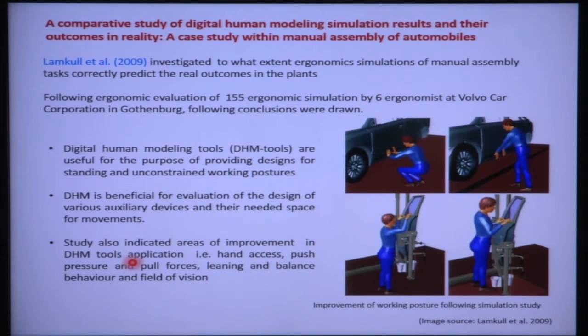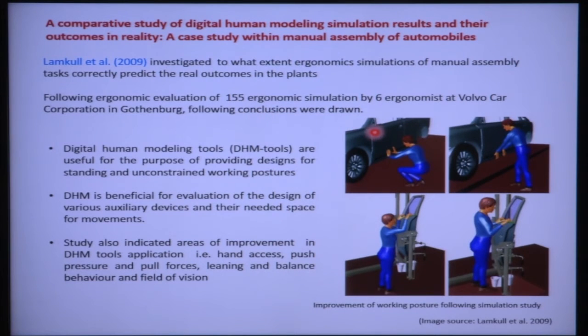The study also indicated areas of improvement in digital human modeling tools application, that is hand access, push and pull forces, leaning and balance behavior, and field of vision. So, in these areas they identified that further improvement is possible in digital human modeling software.